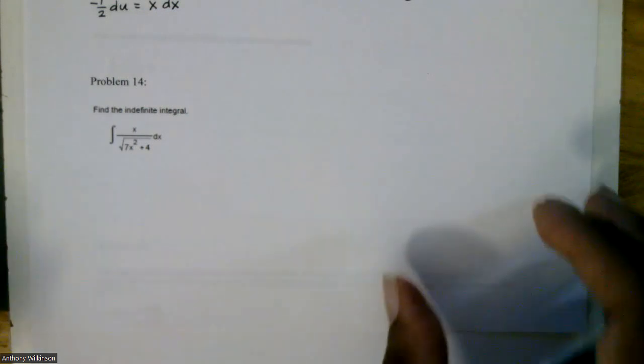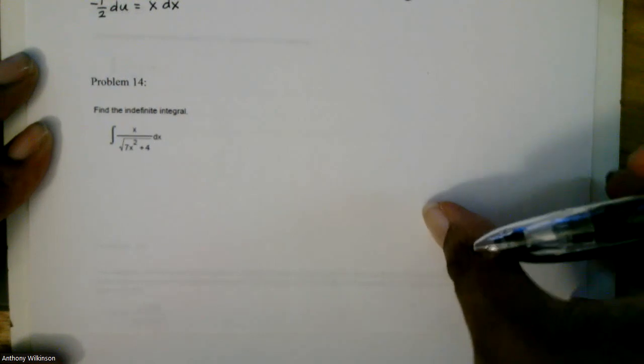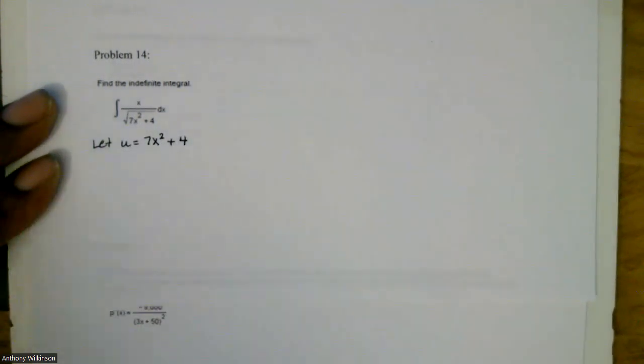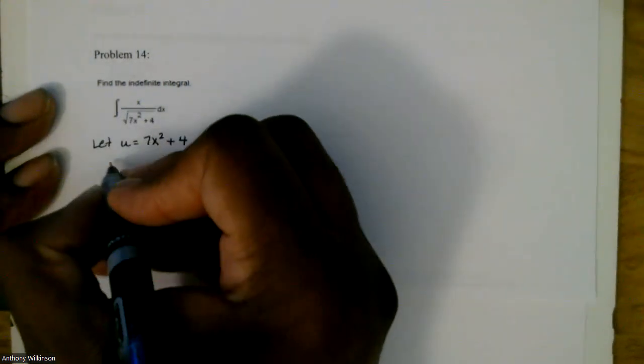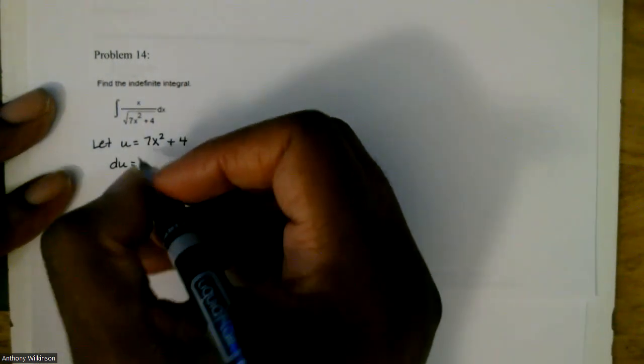So just like we did in problem number 13, we can just let u be what's underneath that radical. So we're going to let u equal the 7x squared plus 4. I'm just taking what's underneath that radical and letting that be u. And then du would be this: the derivative of 7x squared would be 14x.